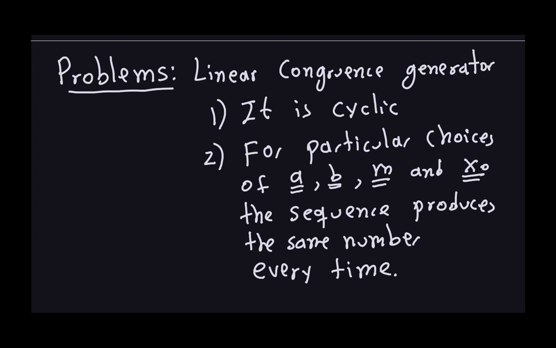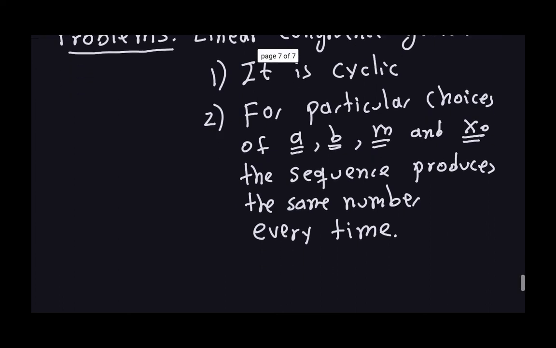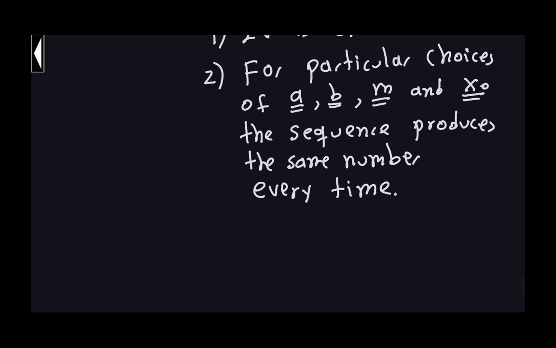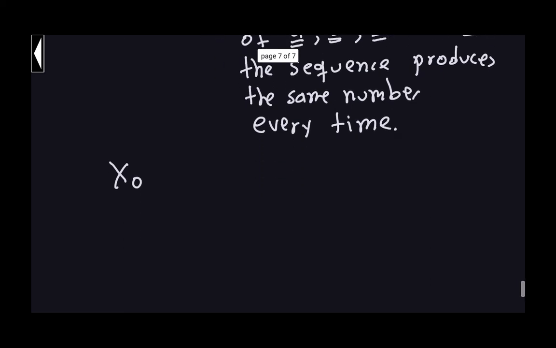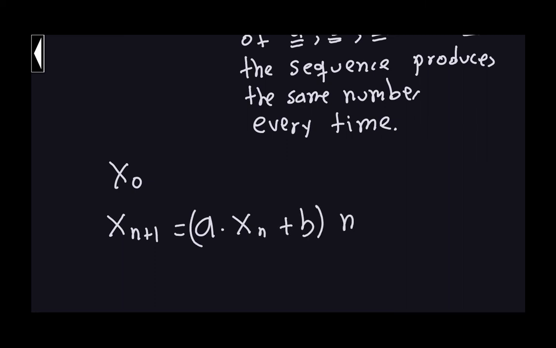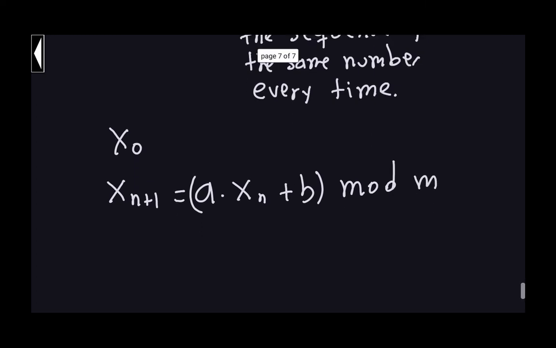What you need to make sure of is the choices you make here. We start with x0, which is your seed, and then x(n+1) equals a times xn plus b, modulo the number m. The key part is you want to make choices for x0, a, b, and m in such a way that two things happen.